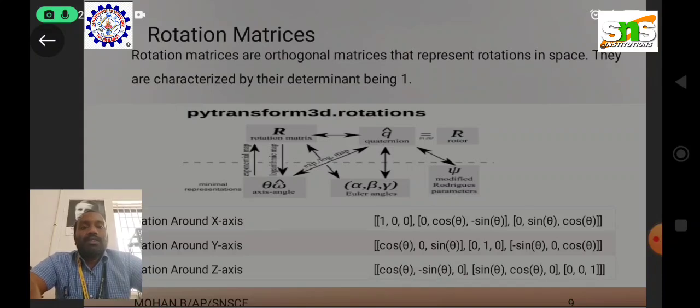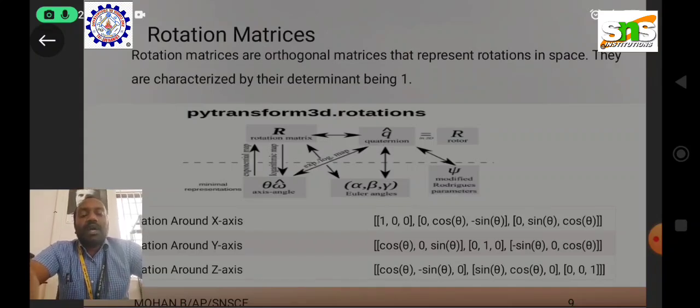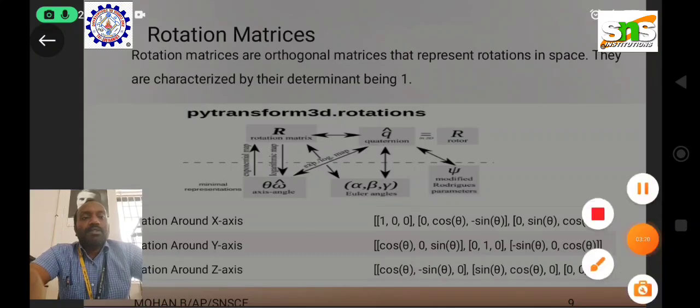Here the values of the x-axis, y-axis and z-axis are inside the identity matrix.